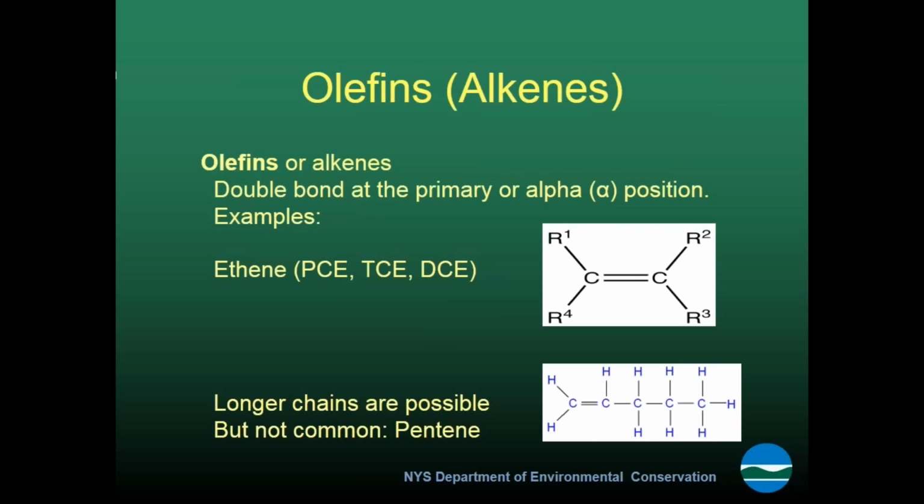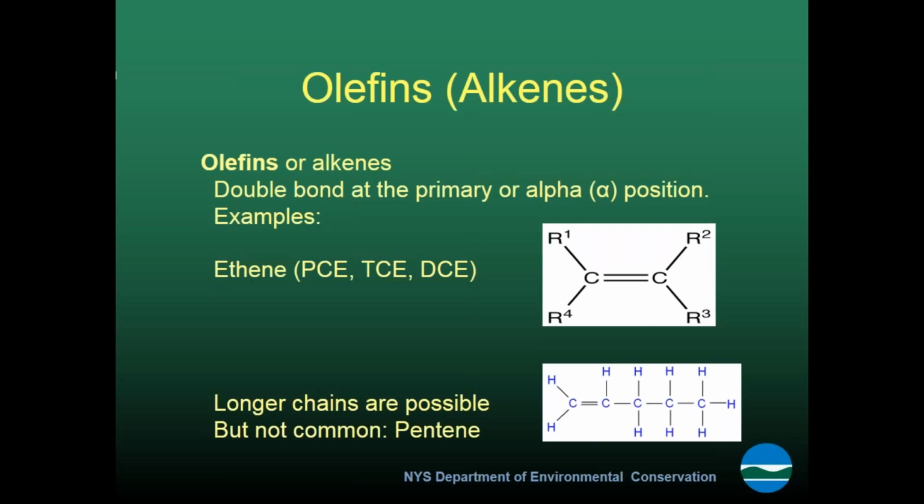Really, the only ones of these that you have to know about are ethene and the family of chemicals that come from ethene. If you start adding chlorine to an ethene molecule, if you add 1, you get vinyl chloride.